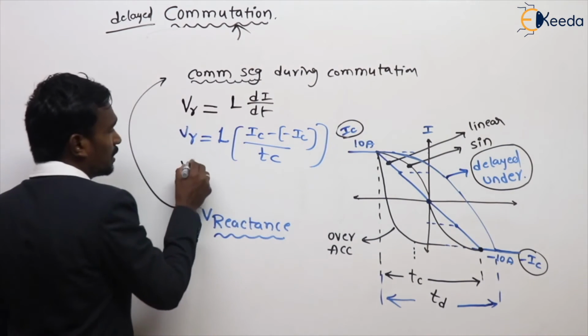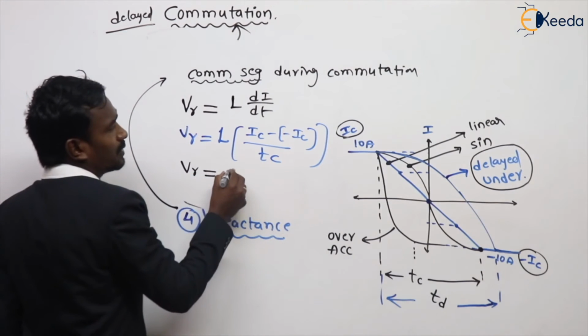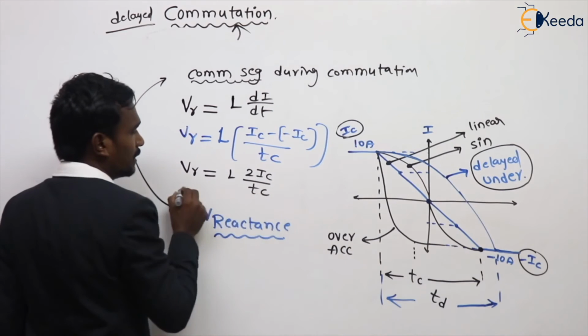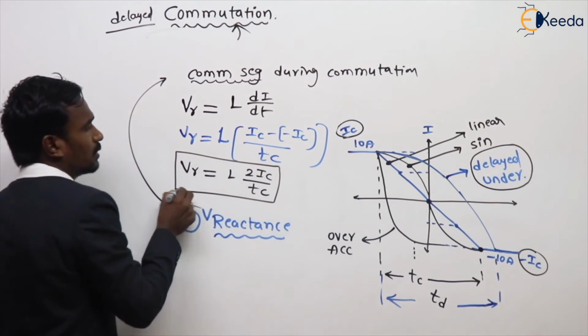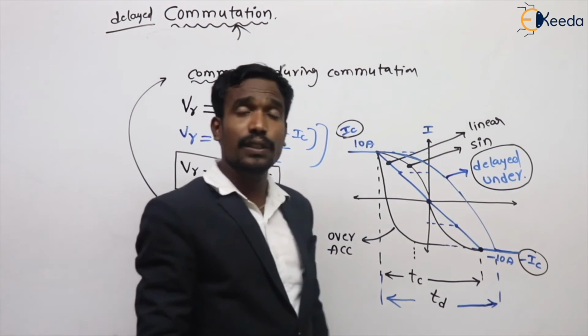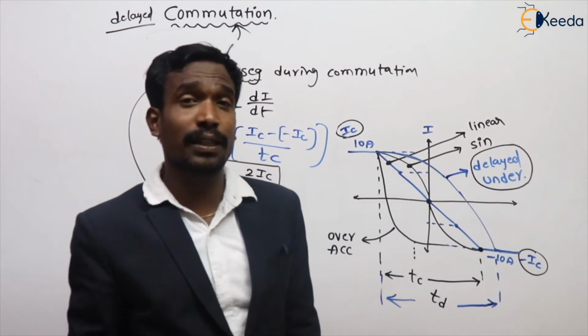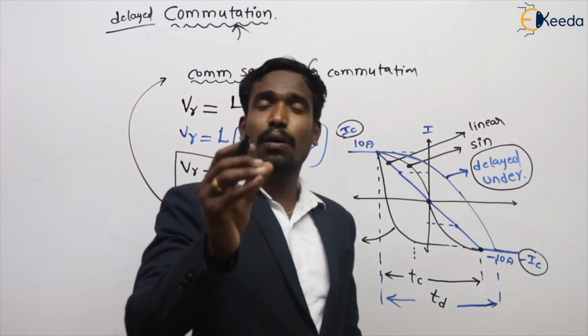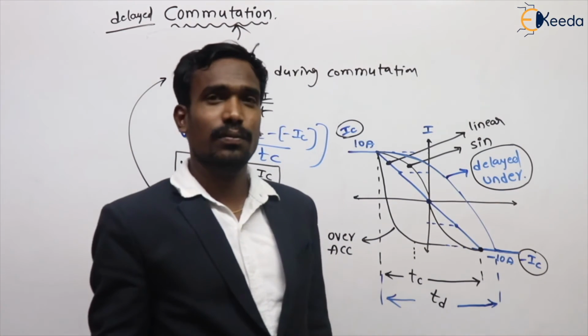So VR is equal to L into 2IC by TC. This is the reactance voltage induced in the commutator segments, which is the main reason for delayed commutation or sparking commutation. Is it okay?